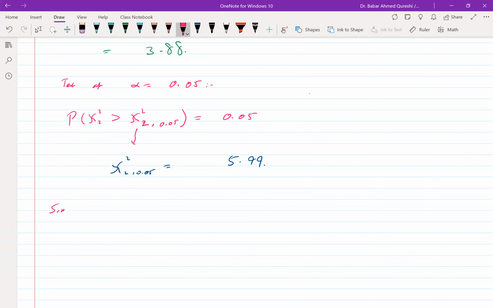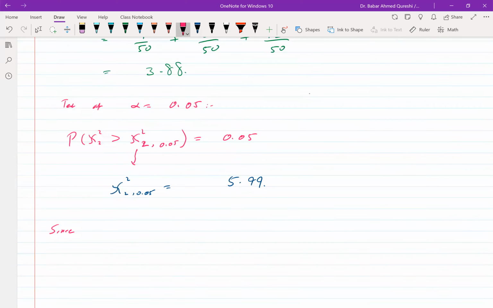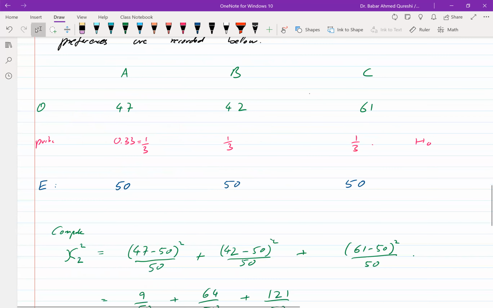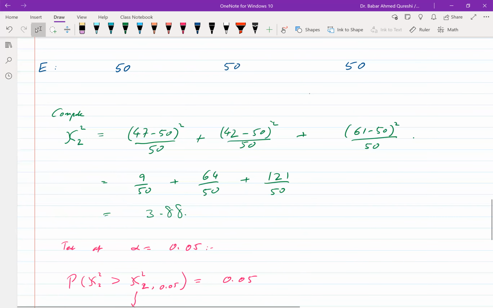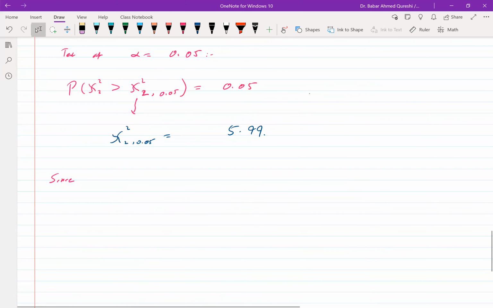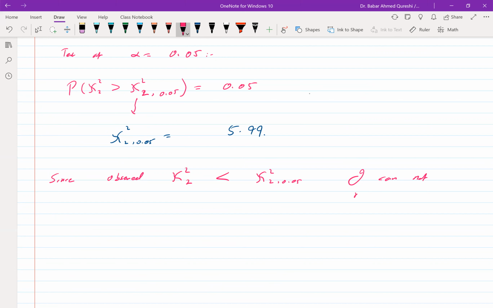So since the observed chi-square is less than this critical value, I cannot reject H naught at the 0.05 level.